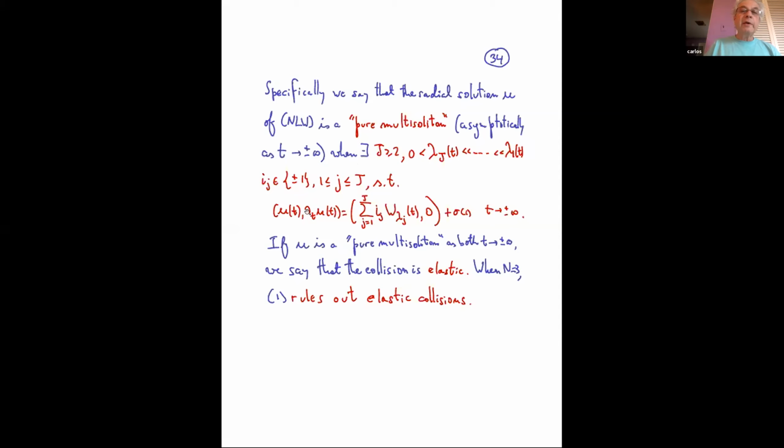If our U is a pure multi-soliton going to time plus infinity and to time minus infinity, we say that the collision is elastic. And our channel of energy property in 3D precludes this from happening.